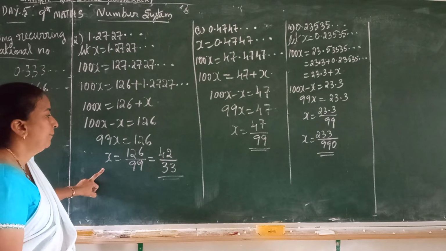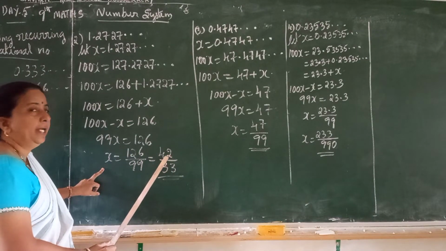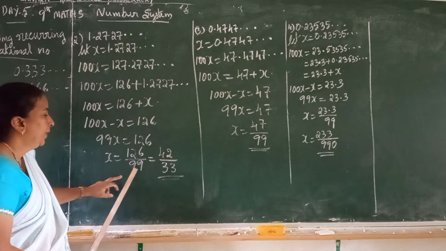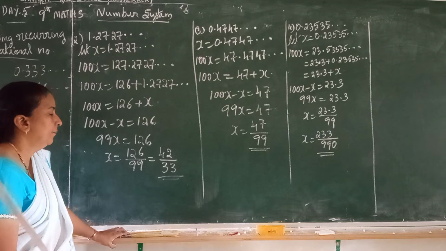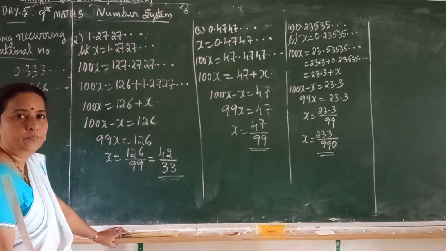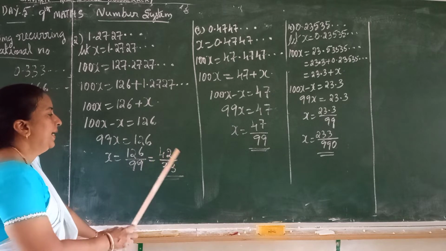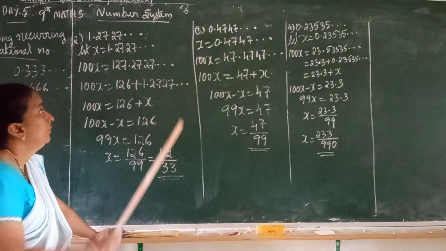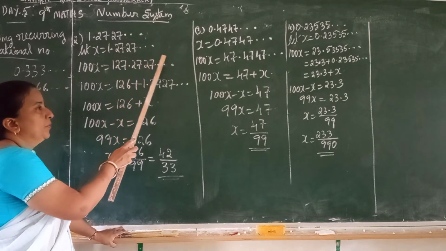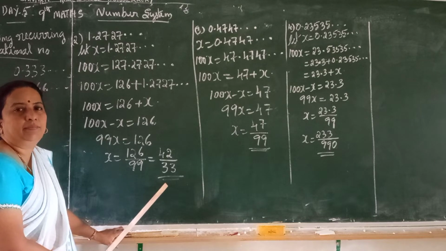Simplify. Divide by 3. 3 4s are 12, 3 2s are 6, so 42. 3 3s are 9, 3 3s are 9, so 33. So the fraction form is how much? 42 divided by 33. 1.2727 can be written as 42 divided by 33.